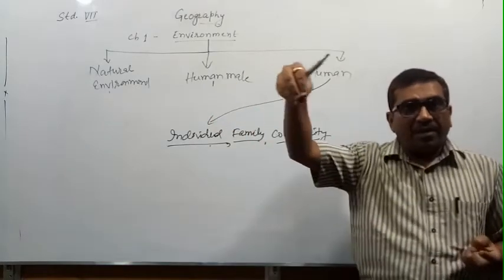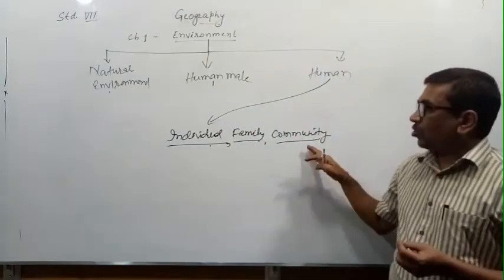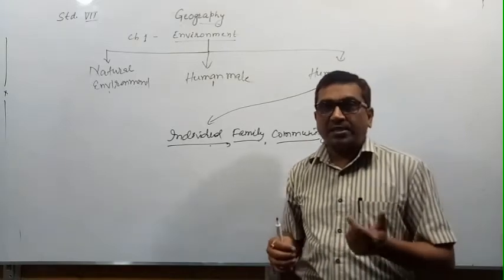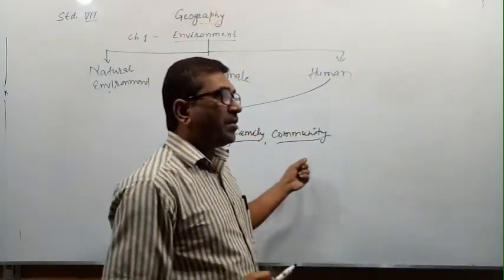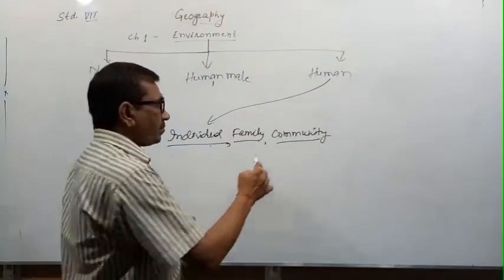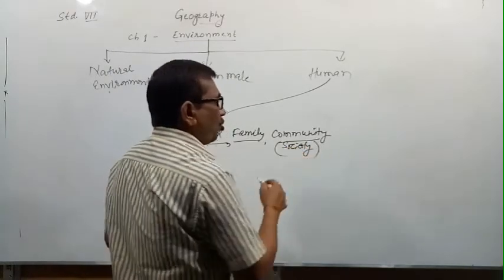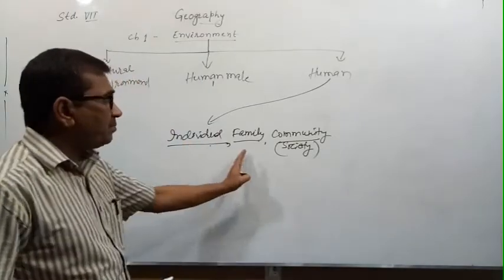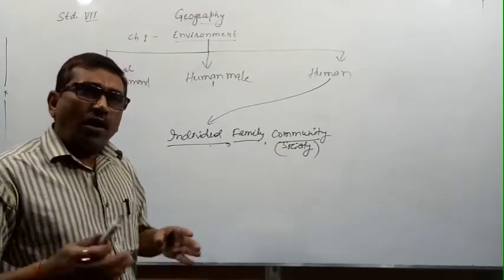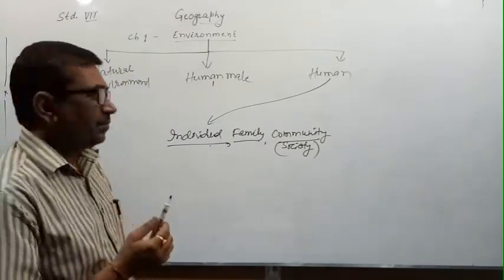And if many families are residing in an area, it is called community or society. When these people are living, what things do they require?